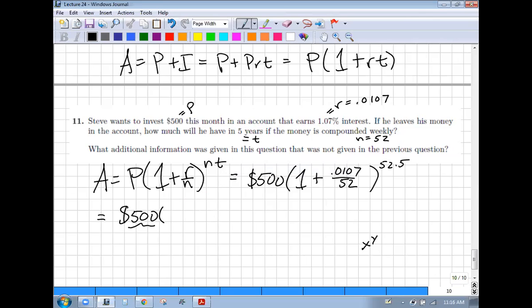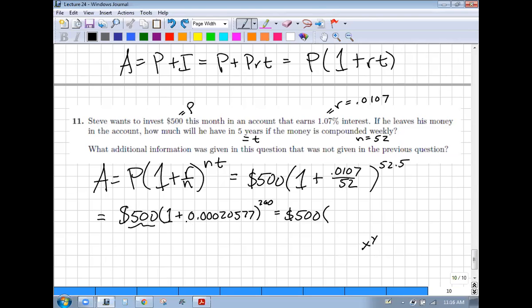So we have 1 plus, if we take our 0.0107 and divide by 52, this is 0.0002057 and so on. To what was it? A 260 up here? 52 times 5. Yeah, 260. So we got $500. All right, I'll do this one in one fell swoop.